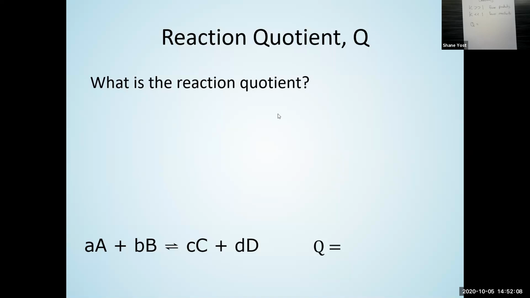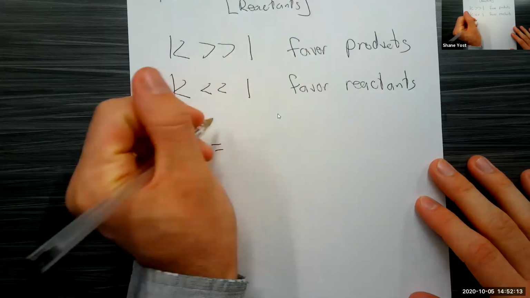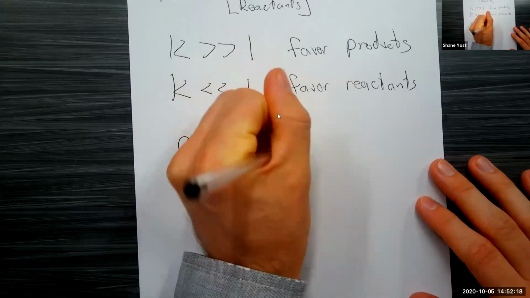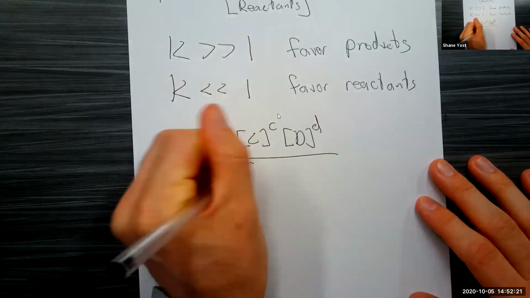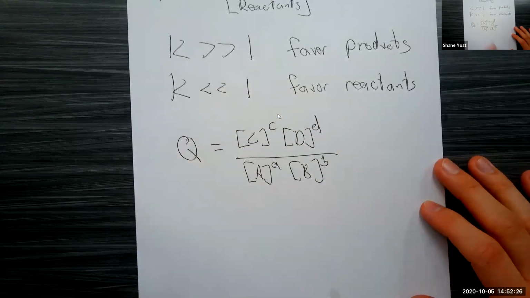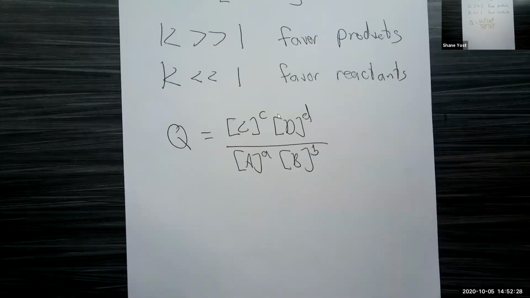Yeah, close. For that equilibrium reaction, it's C to the c power, D to the d power, A to the a, B to the b. If you look at this, hopefully you think to yourself, that looks an awful lot like K, and it should, because the expression for Q is the exact same thing as K. So the reaction quotient Q and the equilibrium constant K have the exact same expressions.